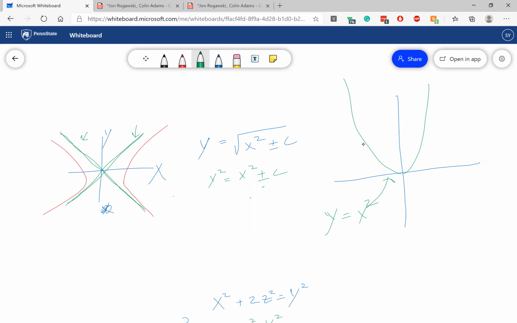You don't have any of these lines, you don't have this asymptotic behavior towards the lines. So yeah, they're fairly different.